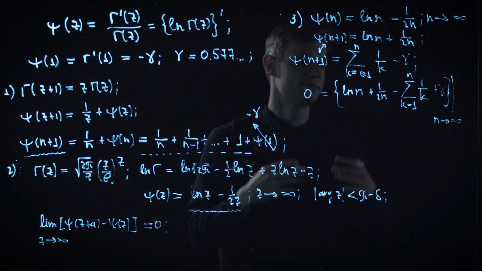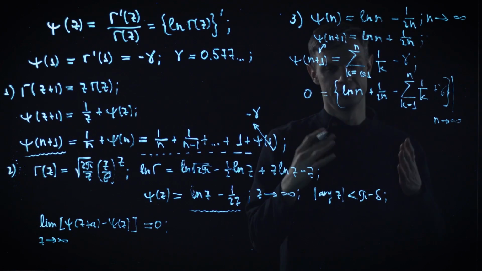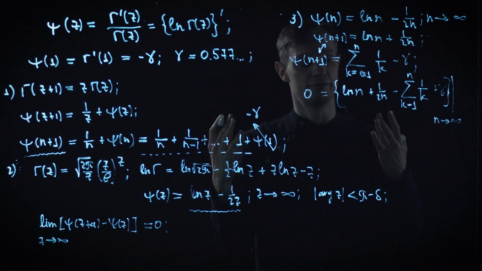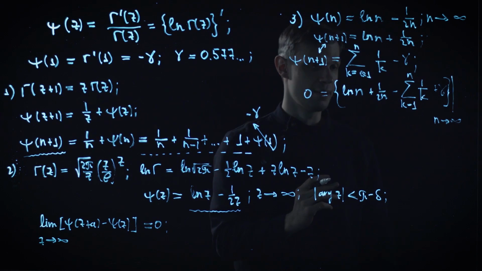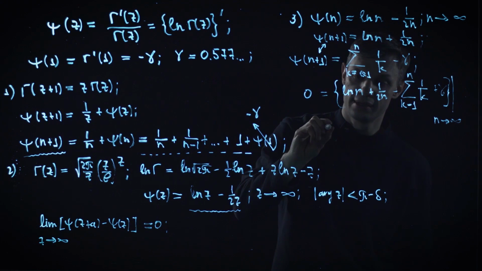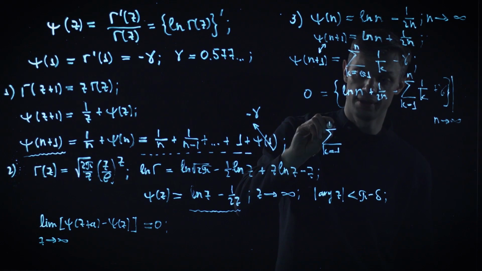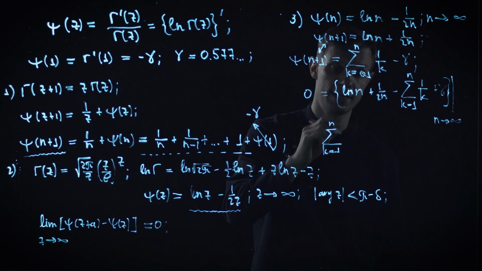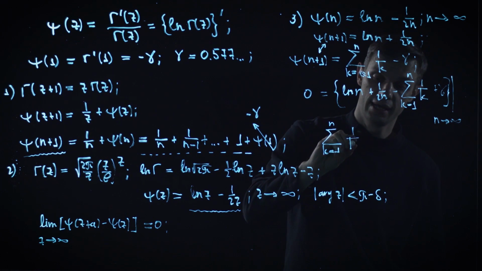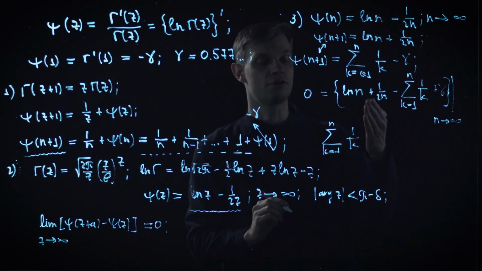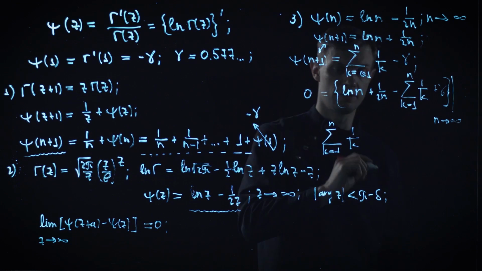And here comes the most probably beautiful equation which follows from the definition of the Digamma function. So we see that the series, which has a special name in mathematics, the harmonic series, is divergent. And it's divergent like the logarithm of its upper limit, logarithm of n.